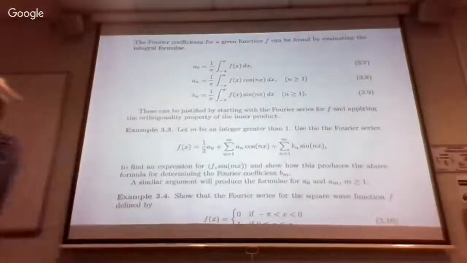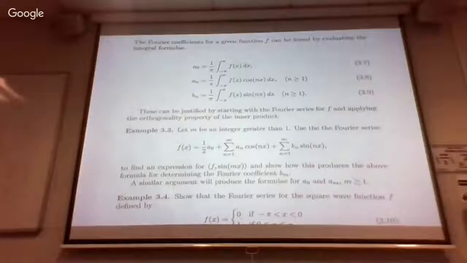So this is very much a continuous version of what you know from, say, 2- and 3-dimensional vector spaces. A vector can be written as a linear combination of your nice basis vectors. What are the coefficients in that linear combination?